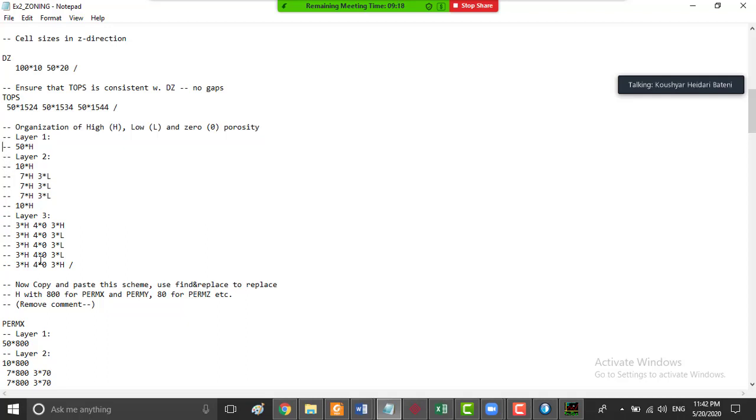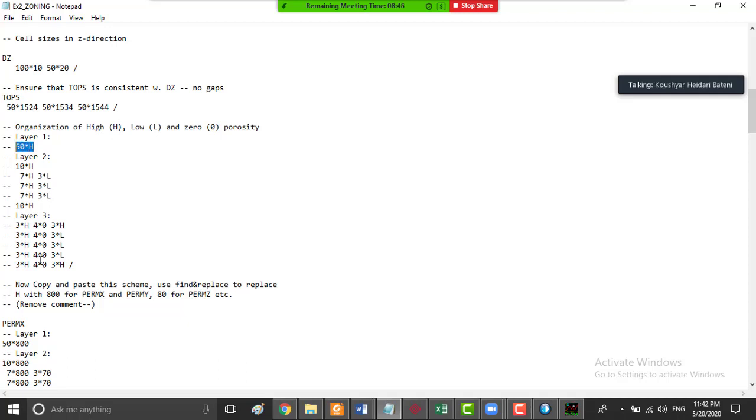In the first layer we have 50 cells, and every cell in the first layer belongs to the high porosity region. So we have no problem on that front. Every cell is the same in the first layer.